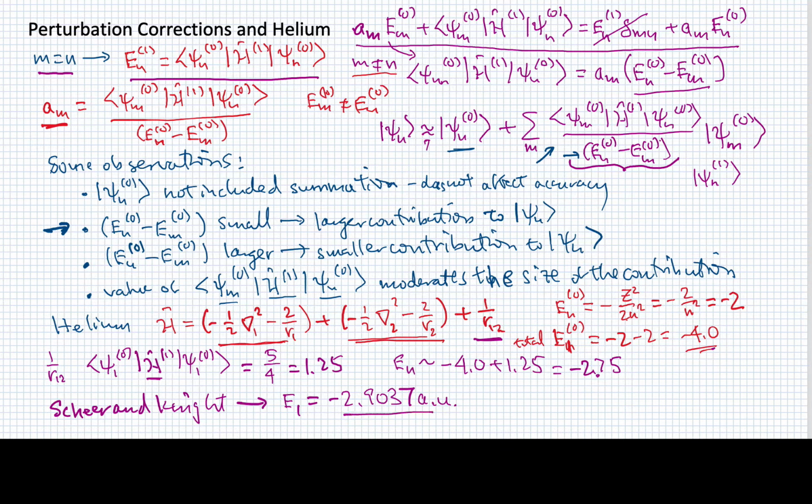And this should be compared with the exact result, which is -2.9033. So we can see at this point we're getting results that are in pretty good agreement with the exact result for the helium Hamiltonian.